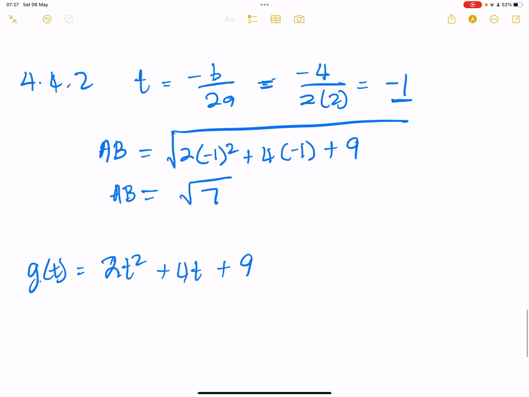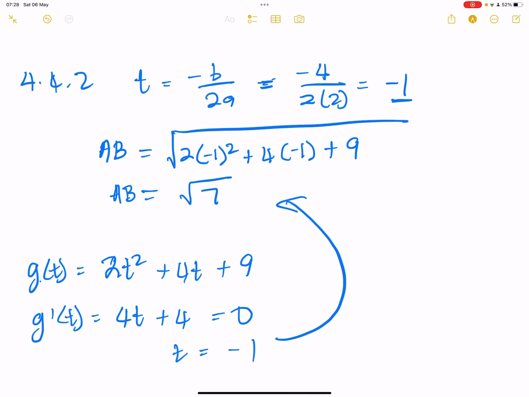Then g dash of t is 4t plus 4, which is equal to 0, and again t is equal to -1, and you do the exact same thing. Another way would have been to complete the square. I'm not sure if you really want to go there, but completing the square will also help you get the values for your turning point.